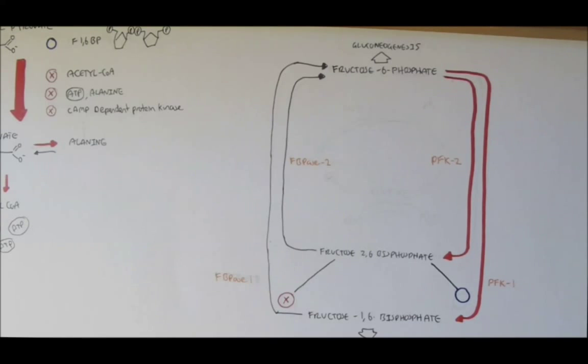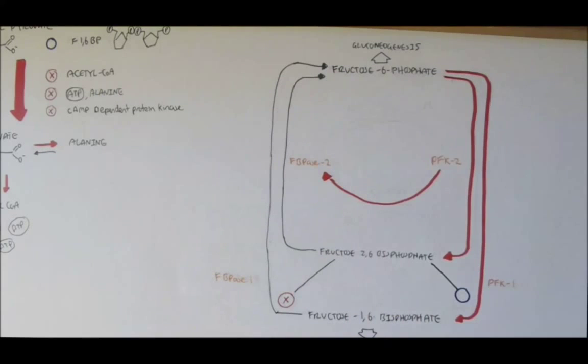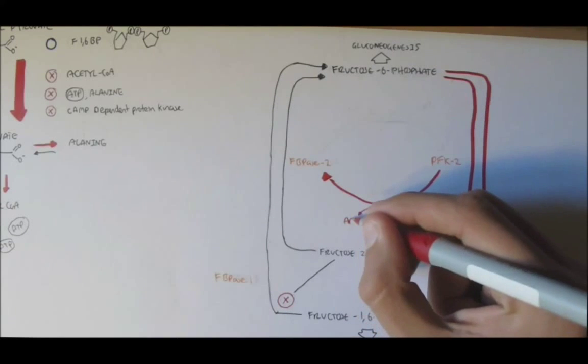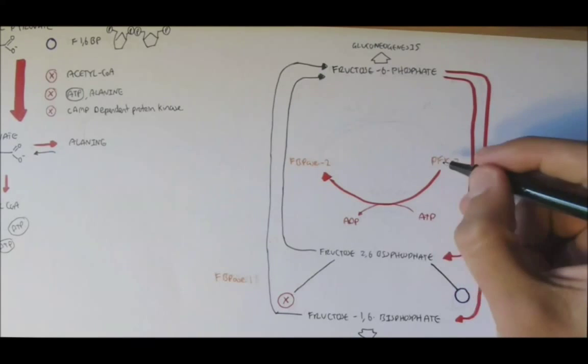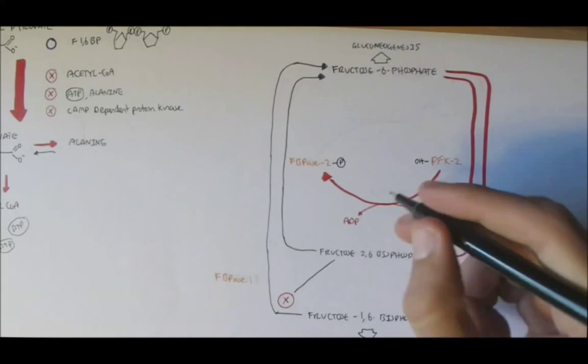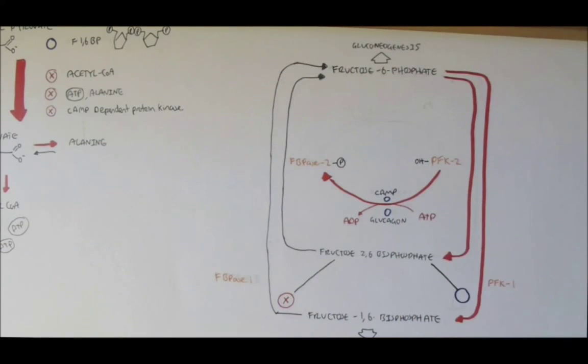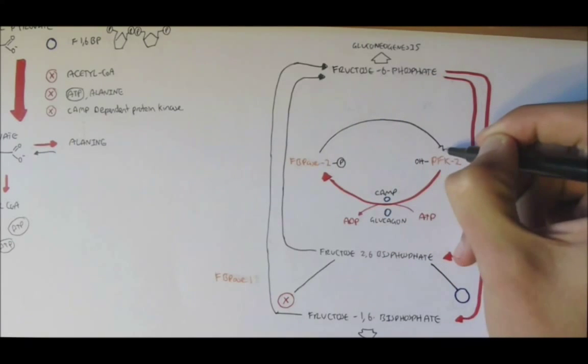So there's a regulation for fructose 2,6-bisphosphate between the enzymes. So phosphofructokinase 2, if it's active, will promote fructose 2,6-bisphosphate conversion. However, if fructose 2,6-bisphosphate levels are too high, the enzyme will be phosphorylated, so a phosphate is added to it, and glucagon will stimulate this reaction, and cyclic AMP-dependent protein kinase will also stimulate this reaction.